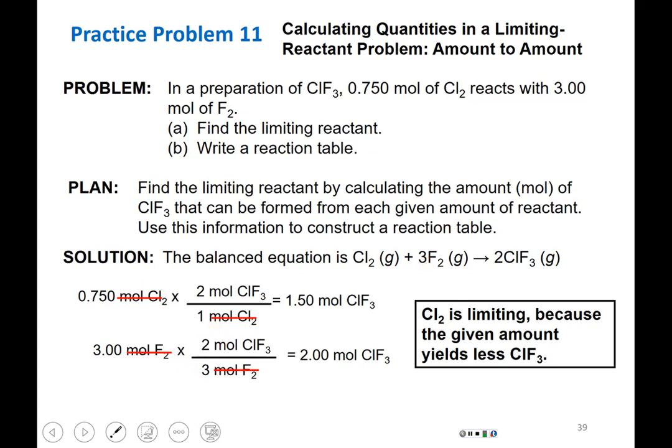So we multiply by that ratio, and we can have 2 moles of ClF3 formed for every 3 moles of F2. So which one of these is the limiting reagent? Well, you look at which one produces the lowest number of moles of product, and that would be Cl2.